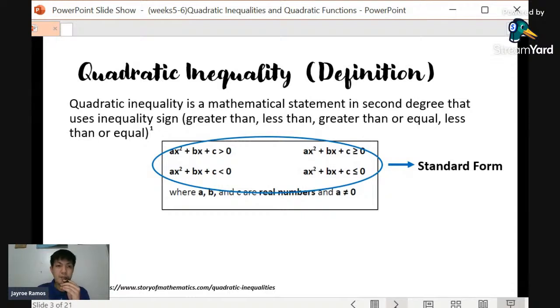Just like in quadratic equation, in quadratic inequality we also have standard form. If you still remember, the right side must be 0 and the left side must be arranged from highest to lowest degree. Kung makikita nyo dyan, yung left side ay ax squared.